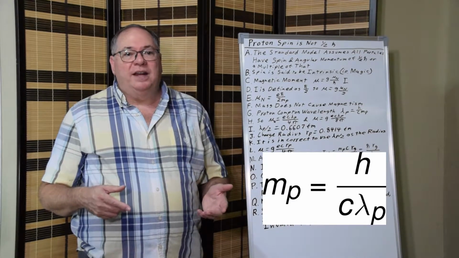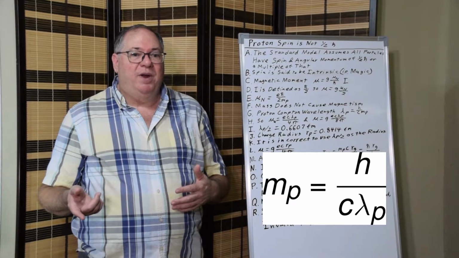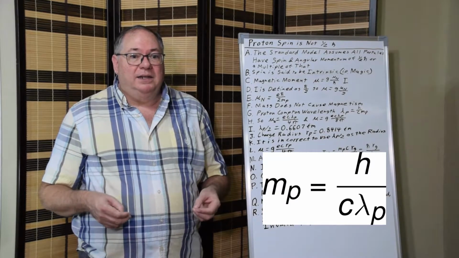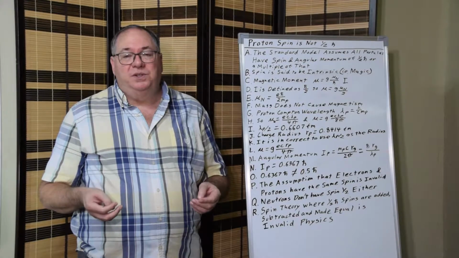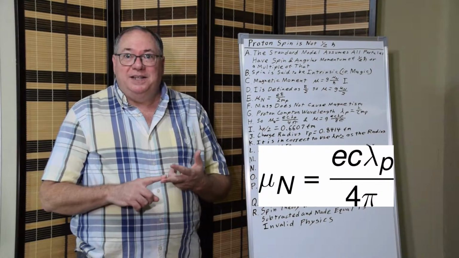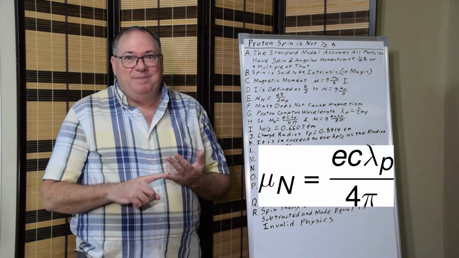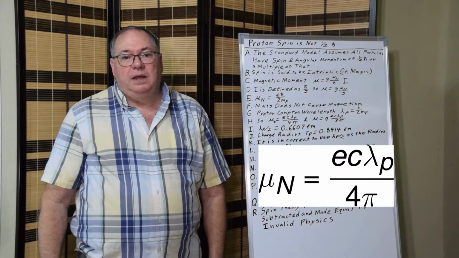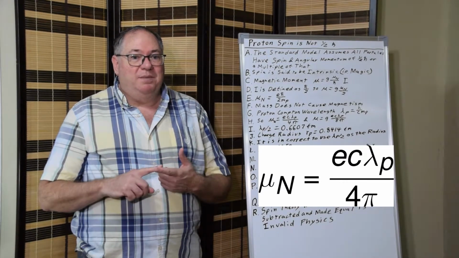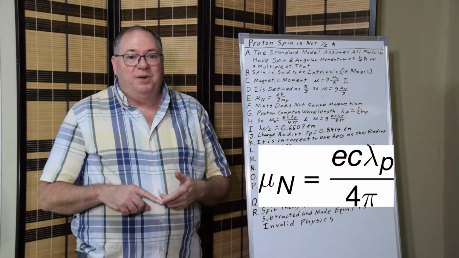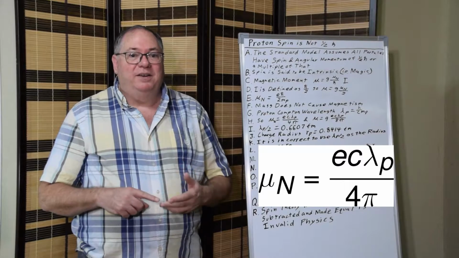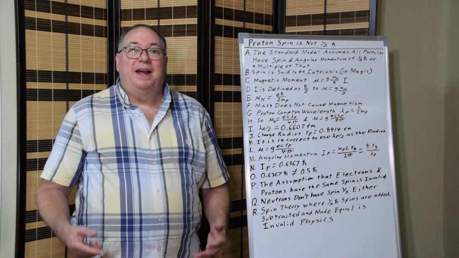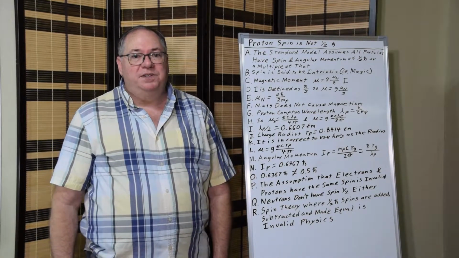So you can rearrange that and substitute that into the magnetic moment equation to find out what we're really doing when we measure the nuclear magneton, and you end up with it being equal to e, the charge, times c, the speed of light, times the proton's Compton wavelength divided by 4 pi. And that means that mu, the proton's magnetic moment, is G, you put in the G factor, and then that's e times c times the proton Compton wavelength divided by 8 pi. You have an extra factor of 2 in there.